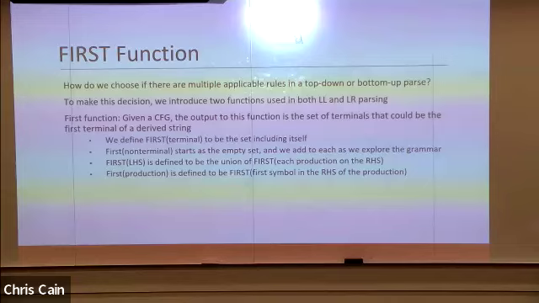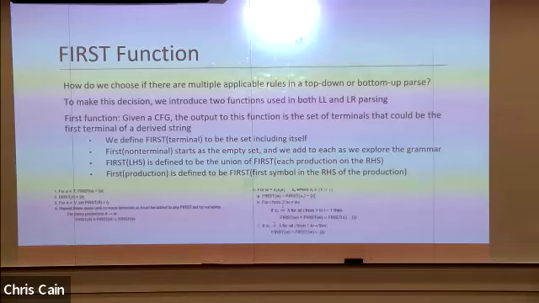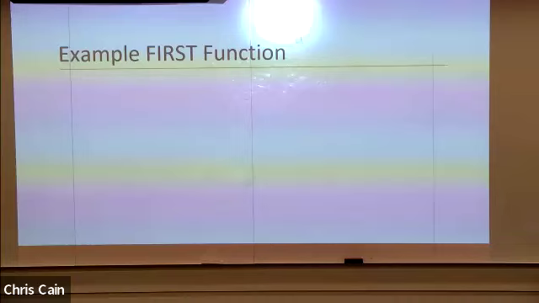The first of an entire production is the first of the first symbol in the right-hand side of that production. So here's an algorithm for it. Let's give you an example because I feel like that didn't really do it justice in terms of what it actually is. And as always, examples are way more important. We'll come back to this after this first example so that it makes more sense.